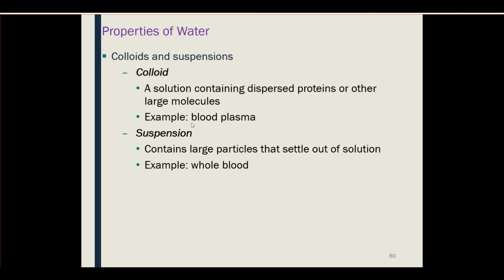They're all dissolved in water. We refer to this solution as a colloid. All right, so this is a solution containing dispersed proteins or other large molecules dissolved in the water, and we refer to that as a colloid, right? So a great example of this is plasma.